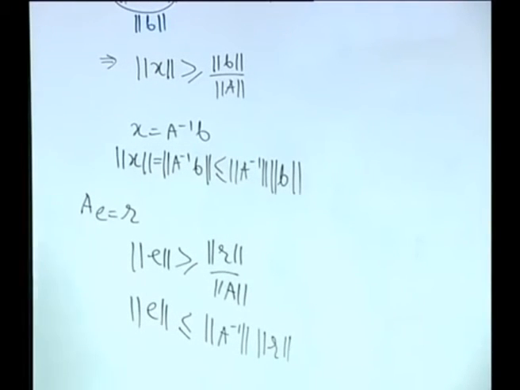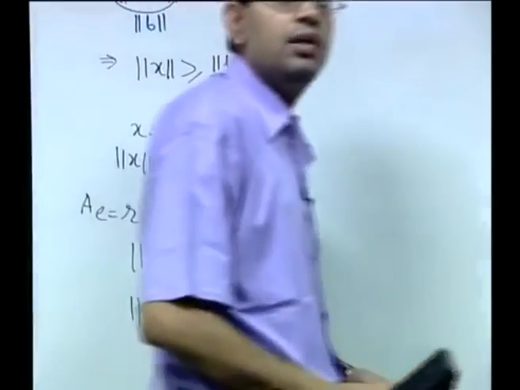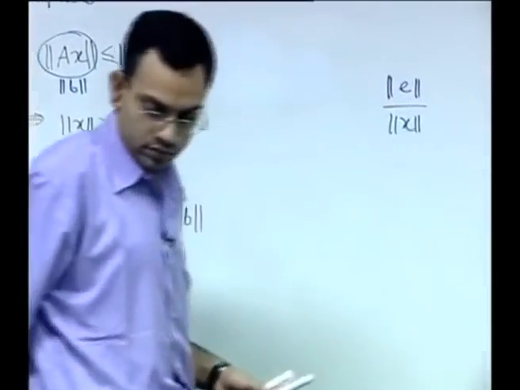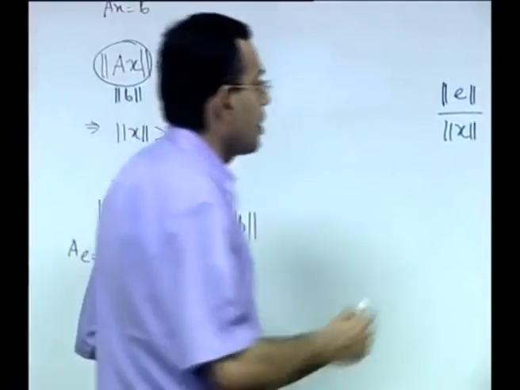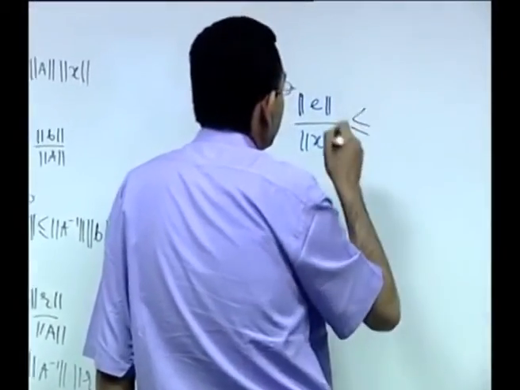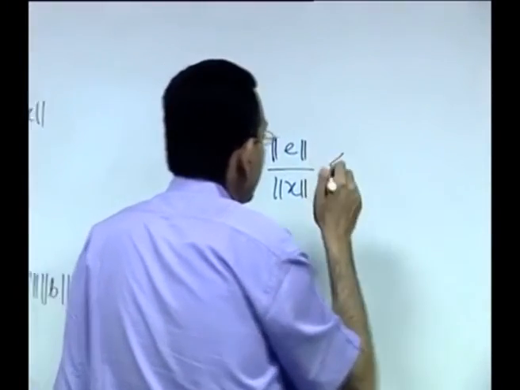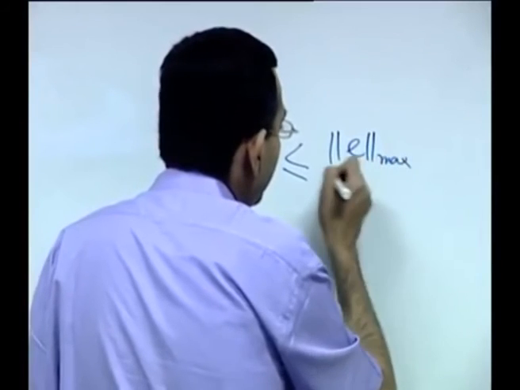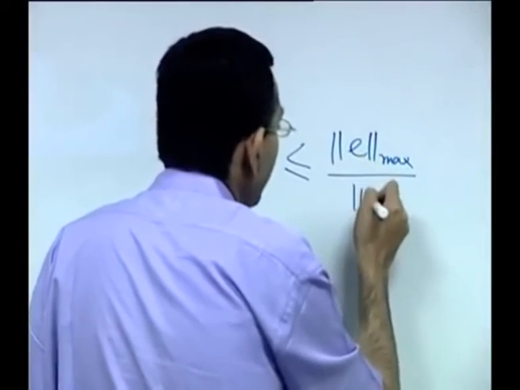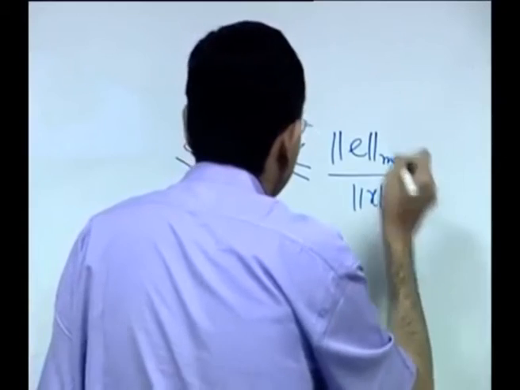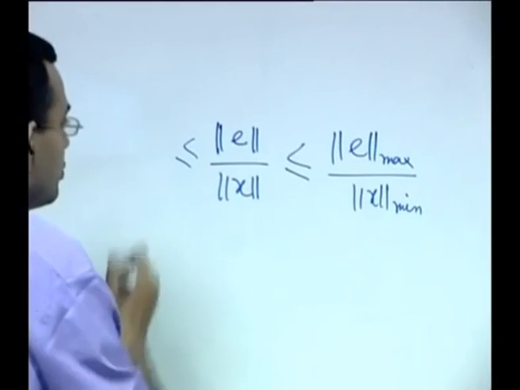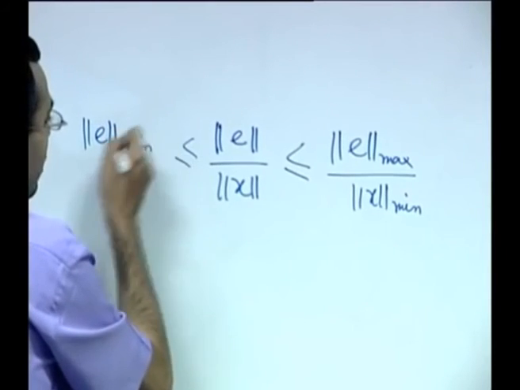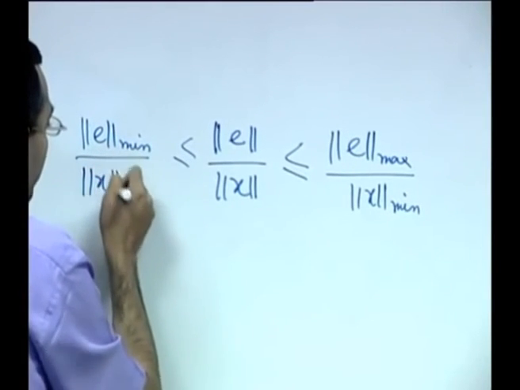Now, let us go into the bounds of norm of e by norm of x. Norm of e by norm of x is less than or equal to max of norm of e by minimum of norm of x, and greater than or equal to minimum of norm of e by maximum of norm of x.